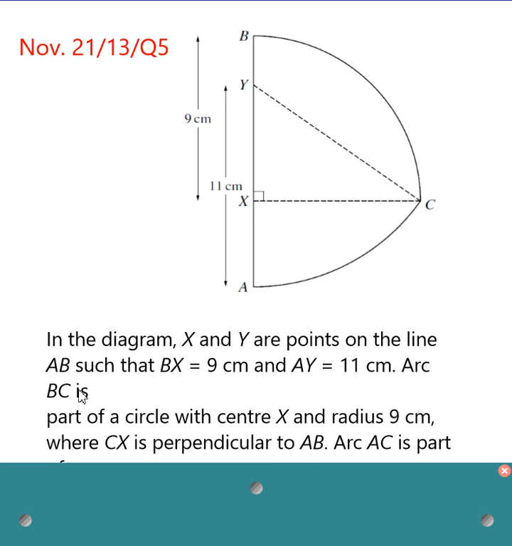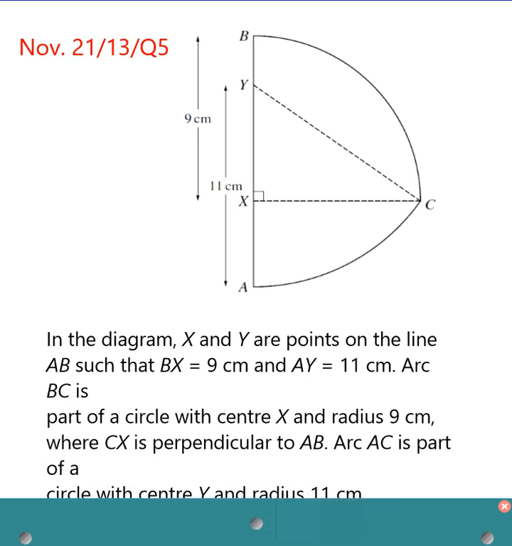It means this is forming a quadrant. It's not written here, but this is your 9 centimeters, because of the quadrant radius, where CX is perpendicular to AB. And it is mentioned here also with the symbol.